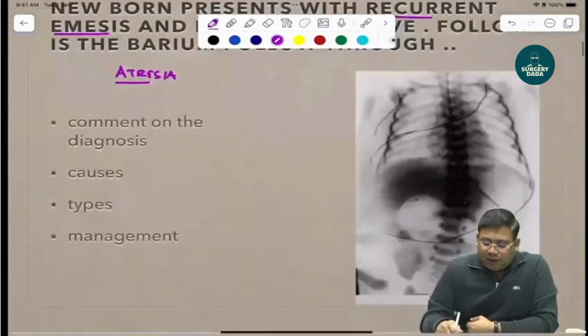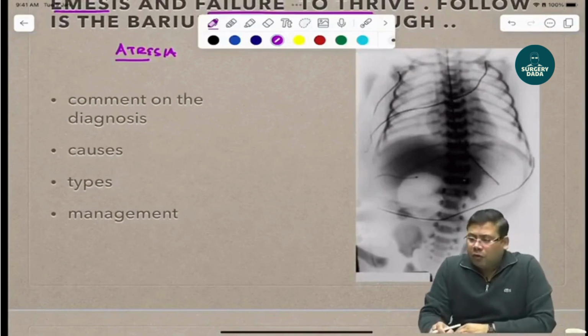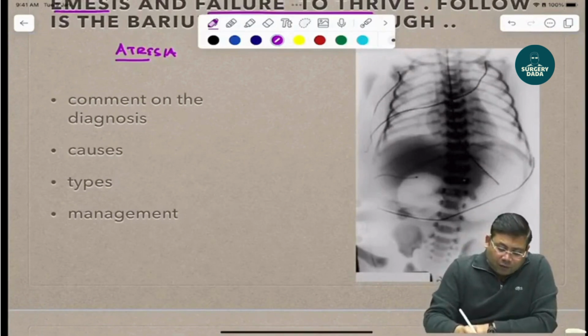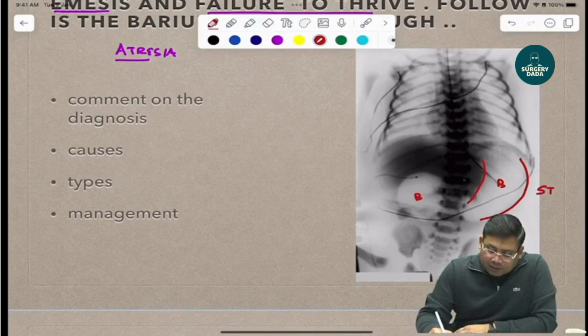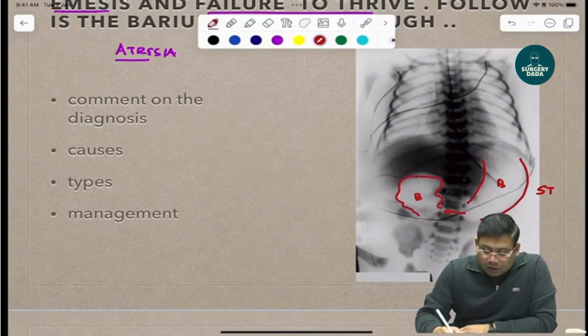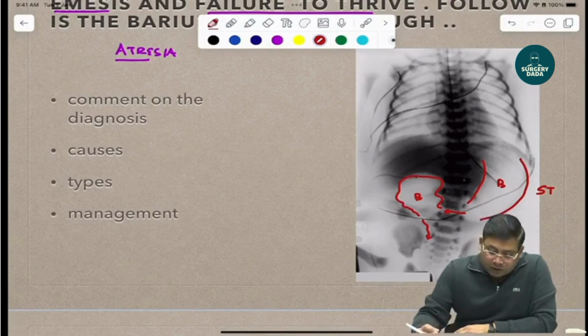This is the barium image. The upper GI barium follow through has been done. Can you see the barium here? So this is the stomach, which is over distended, and this is the pylorus. Now why is the first part of the duodenum so much distended, and after that there is a very feeble amount of barium which has gone inside?